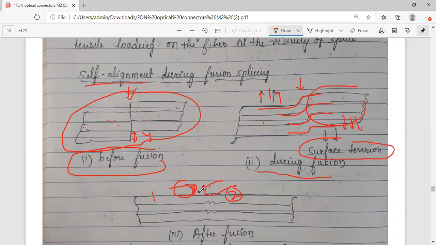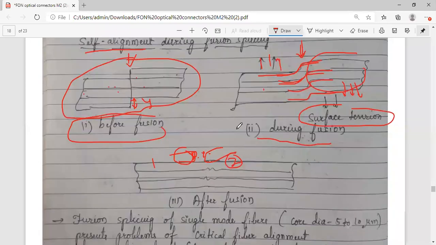You have experienced that while sticking two things together. The same thing is happening here when you supply the heat during fusion splicing. They are aligning like this, and the surface tension is created. They tend to move in these directions, and finally they get aligned. This is called self-alignment in fusion splicing.